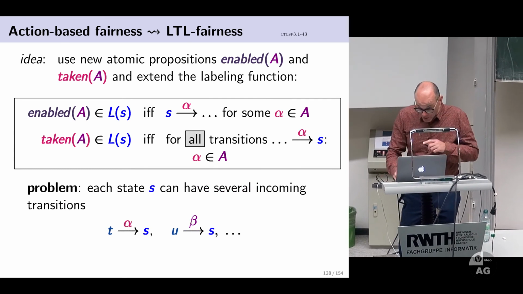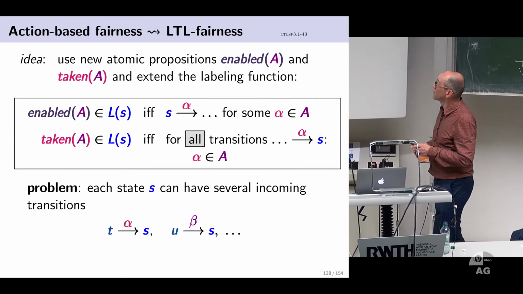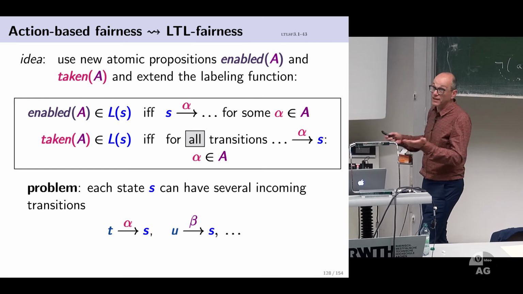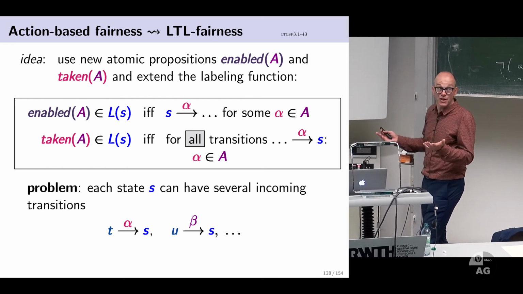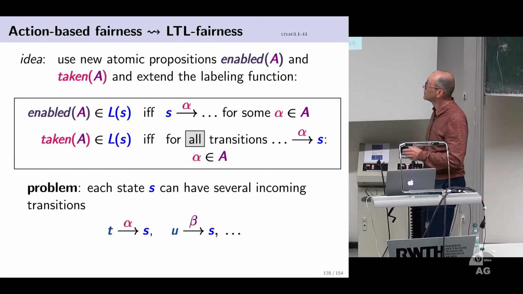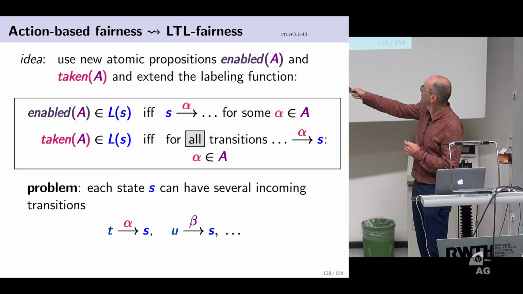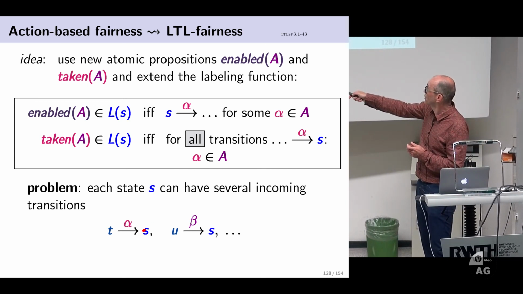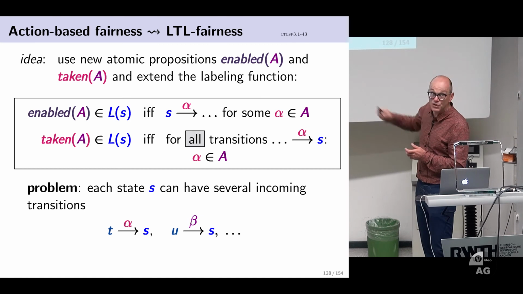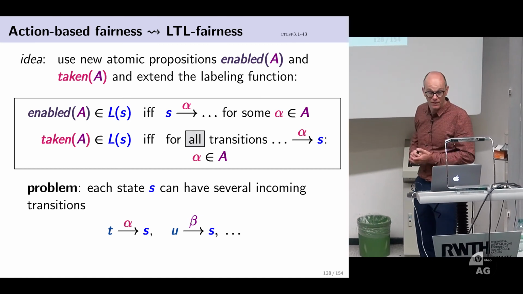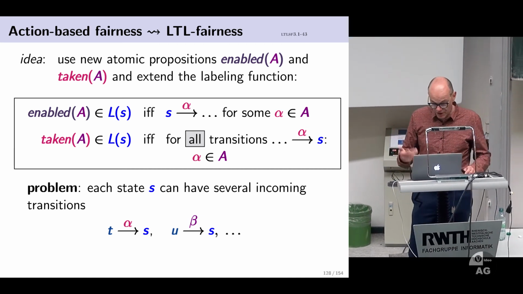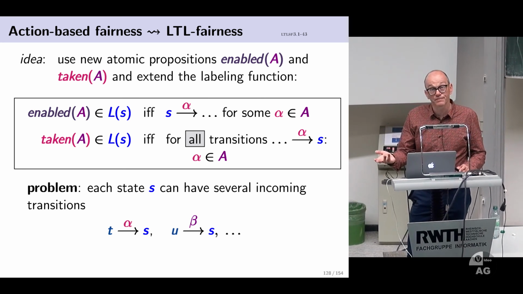Good. Now, a small technical glitch is that a state can have several incoming transitions, not necessarily all labeled with the same action. So here I have a state S. I can reach S via a beta transition, or I can reach S by one transition which is labeled by alpha. So how to deal with this is typically you make copies of the states.